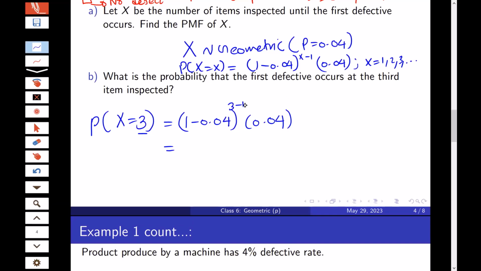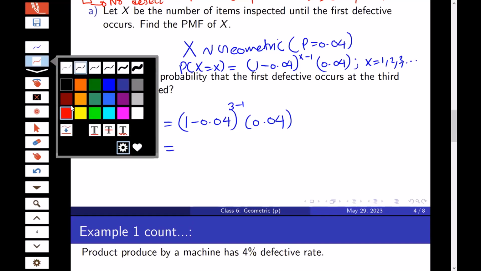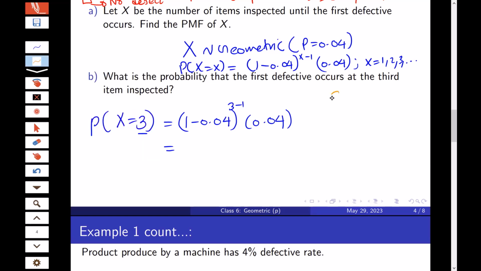Okay, so in the calculator, I got this value, 0.036864.